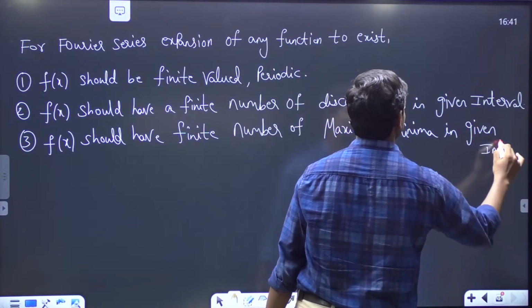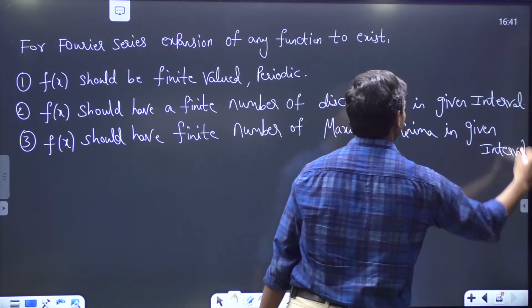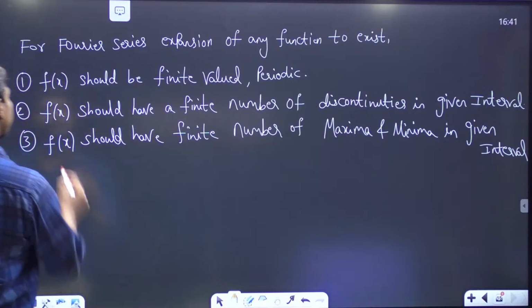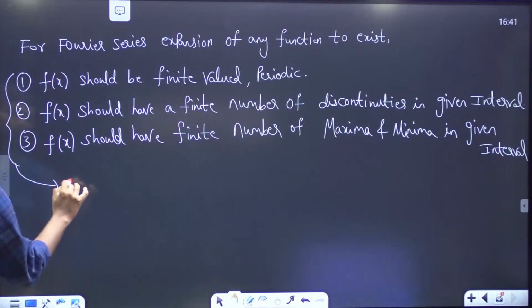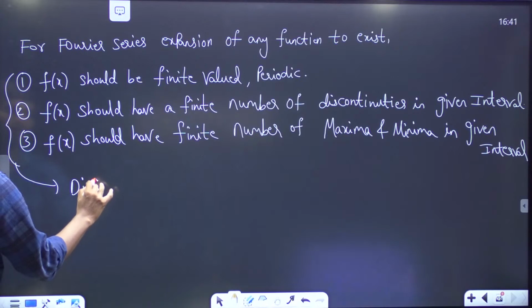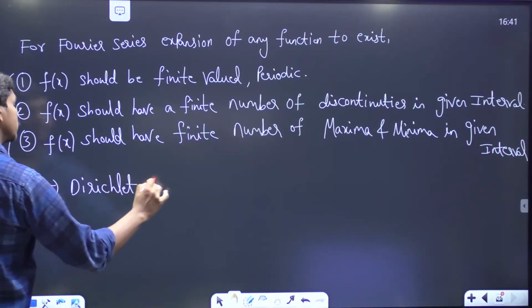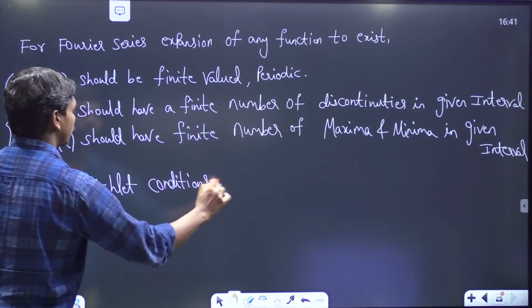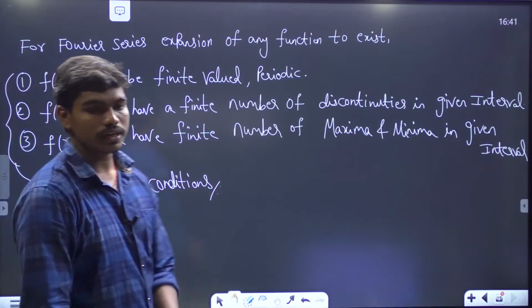The function f of x should satisfy all these conditions for the Fourier series expansion to exist. These three conditions are called Dirichlet conditions, which are to be followed by any function for its Fourier series expansion to be valid.